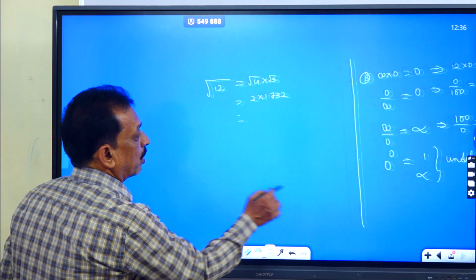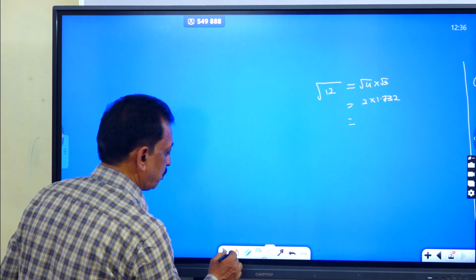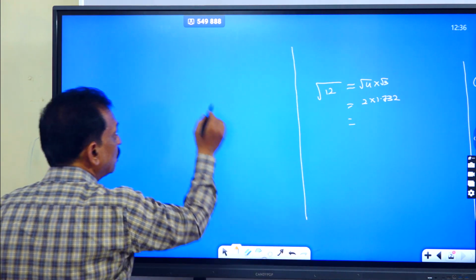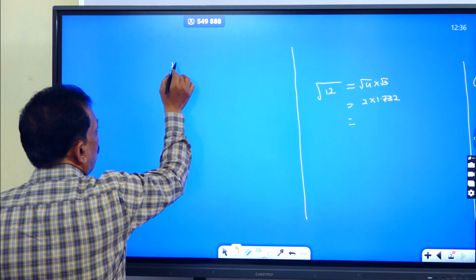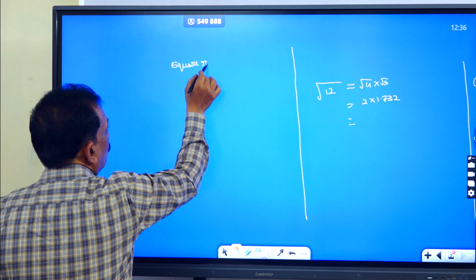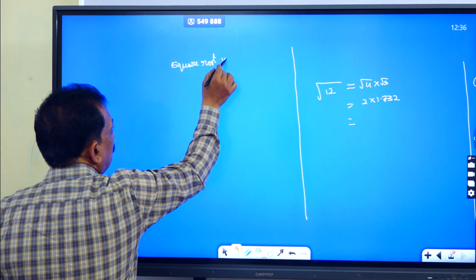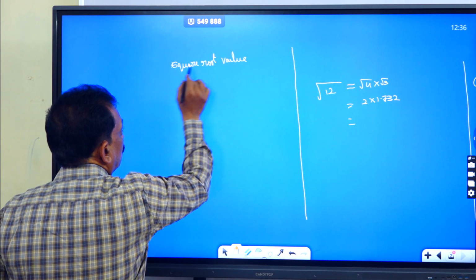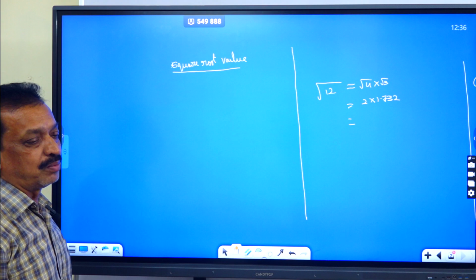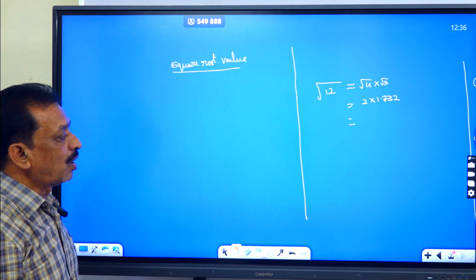Okay. Now write root values, square root values. Write a small subheading: square root values. So we already simplified. I kept them in a separate value form.